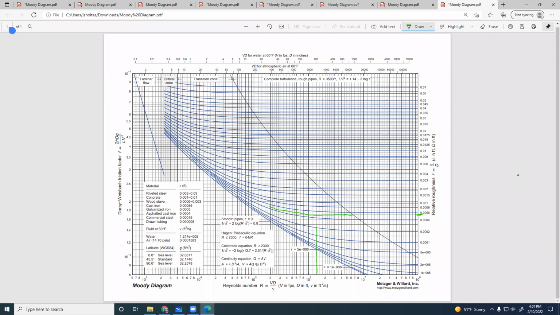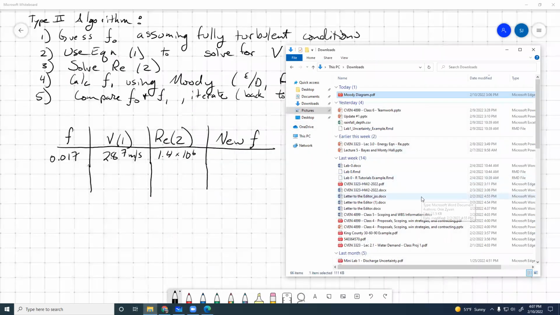Probably should be a little bit higher at that point. Based on that visual, it's not a ton higher, but it's a little bit higher. I'm going to say it should be right about there. So we'll come across and say that it's 0.0175. You can use the Swamee-Jain equation to double check.